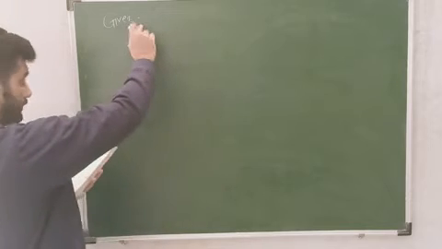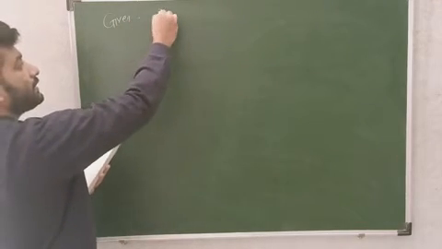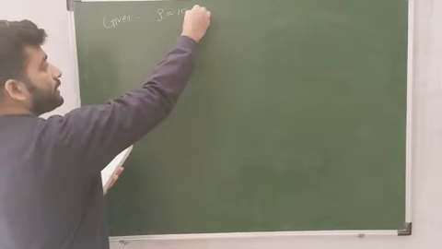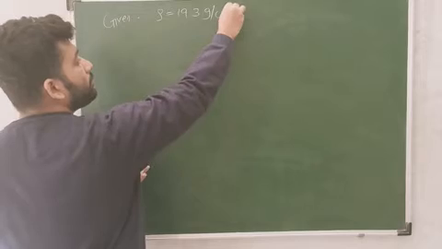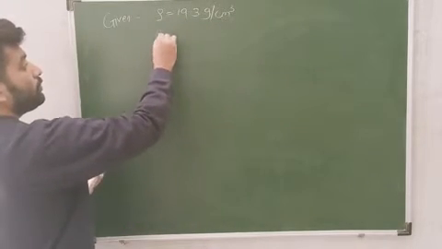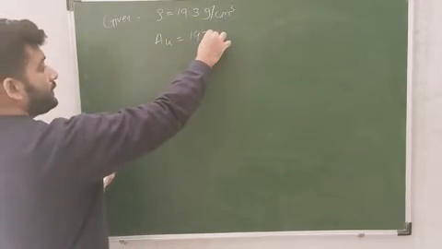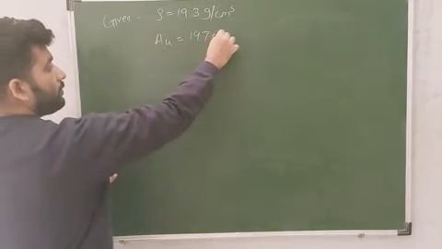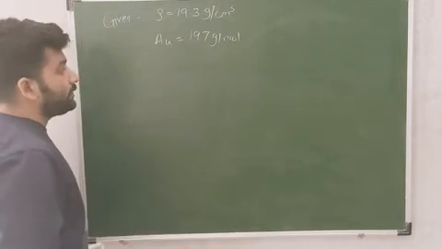So first write down the given. In given, density is 19.3 gram per centimeter cube. Next, the atomic mass of Au is 197 gram per mole, and what we have to find out is a.